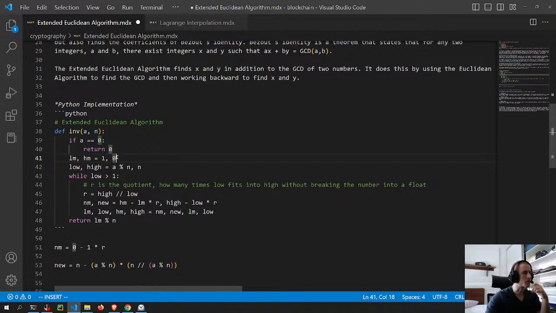Because in the worst case, it's going to be 1 and 0, I think. And then you do the whole thing about, which I'm still struggling to understand. You're getting the number and then subtracting the remainder times the quotients.